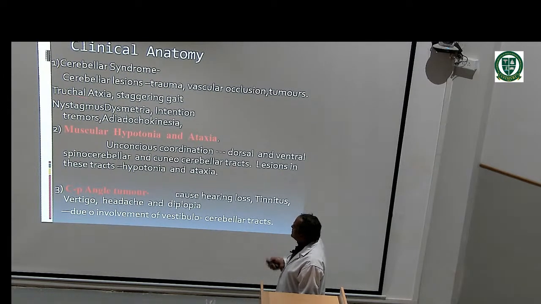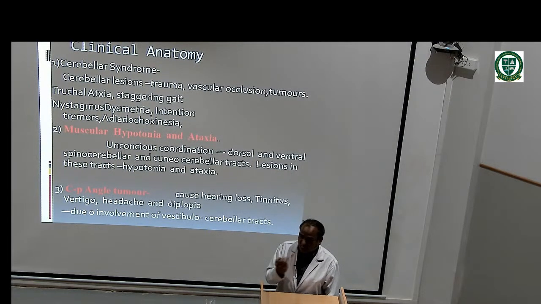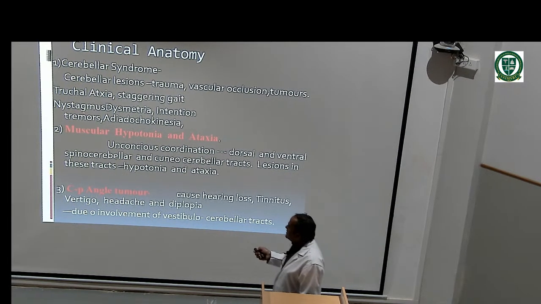Okay, what are these signs and symptoms? Truncal ataxia. The patient is unable to walk properly. He is swaying either way. Okay, and staggering gait. Gait is abnormal. Nystagmus, oscillatory movements of the eyeball. Side to side movements of the eyeball. It's called nystagmus. Dysmetria.